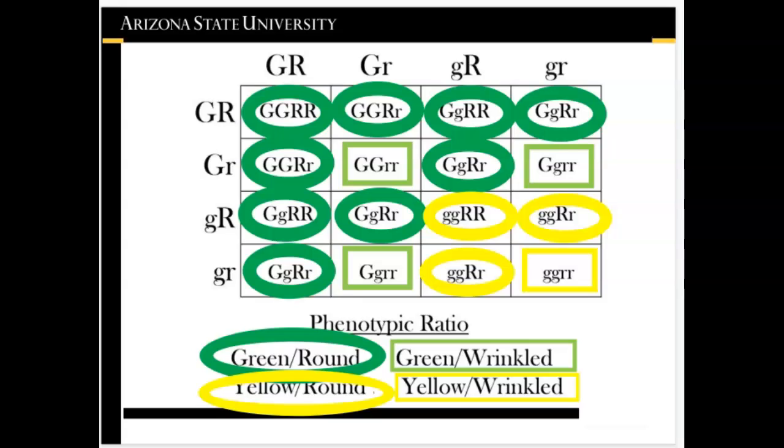The pattern I try to remember is 1 to 2 to 1, 2 to 4 to 2, 1 to 2 to 1, which totals 16 squares.